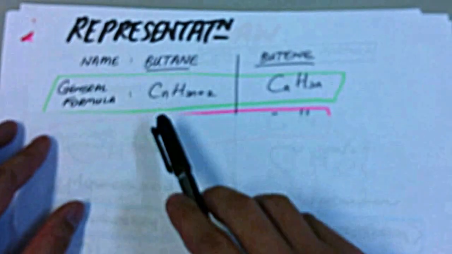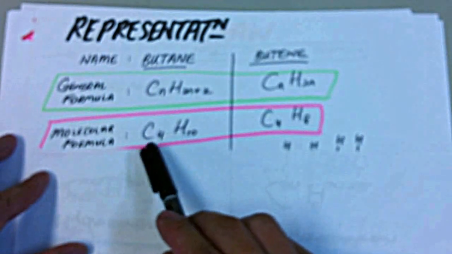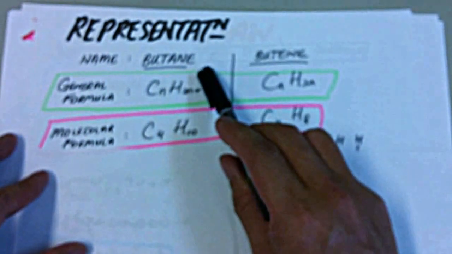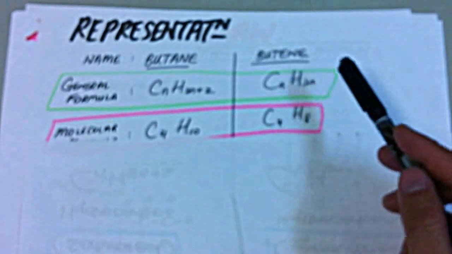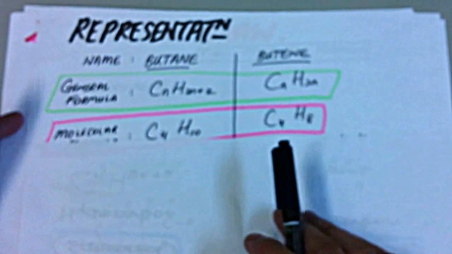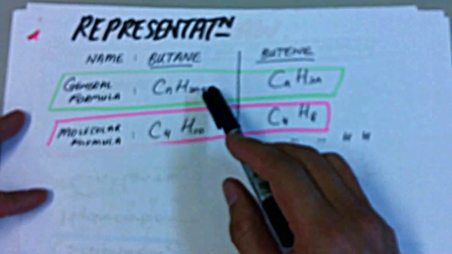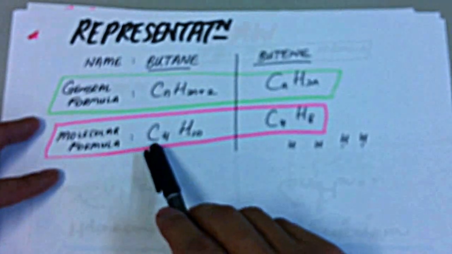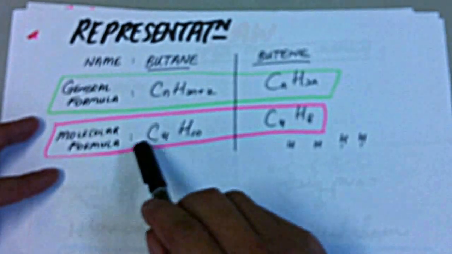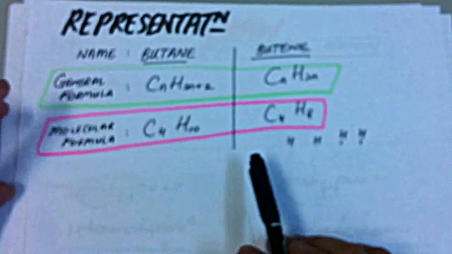But means 4, so substitute 4 inside, and this is what you get: C4H10 for butane and C4H8 for butene. This is the general formula, where things are more general. Molecular formula refers to a specific formula, for example, how many carbons there are. So you put in the carbon, you get a molecular formula, or sometimes it's known as a chemical formula.